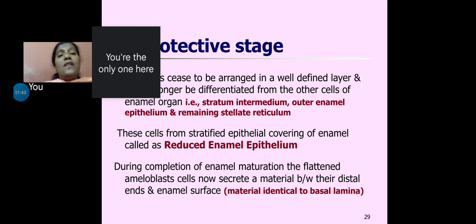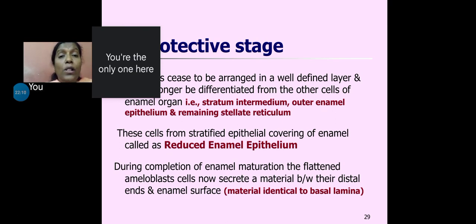So the new structure that emerged over here is known as reduced enamel epithelium. As the name suggests, these are the cells that come out of enamel epithelium, that is the enamel organ. There are 4 layers of cells in the enamel organ: ameloblasts or the inner enamel epithelial cells, outer enamel epithelial cells, stellate reticulum, and stratum intermedium. These cells had different sizes, shapes, staining properties and different functions.